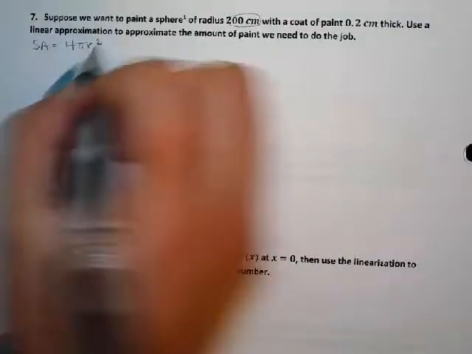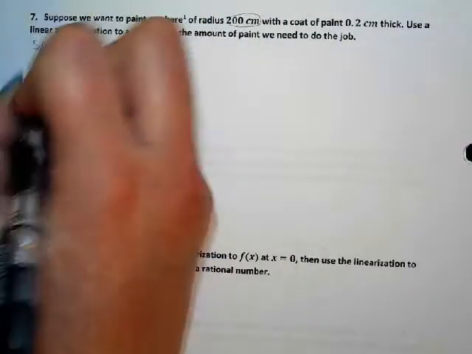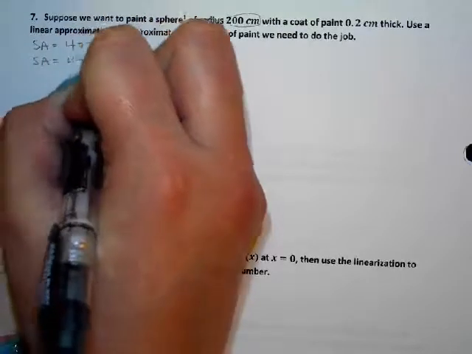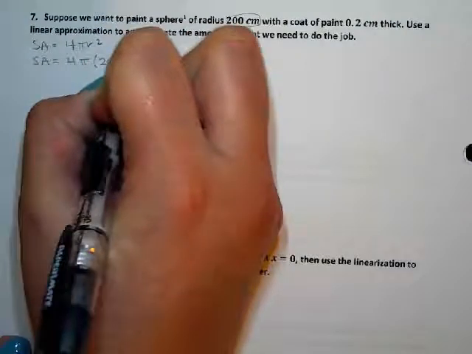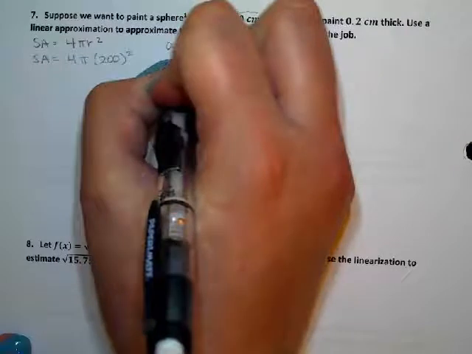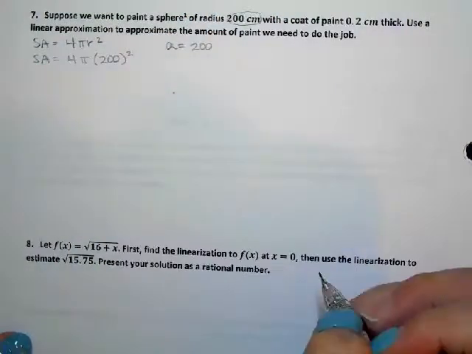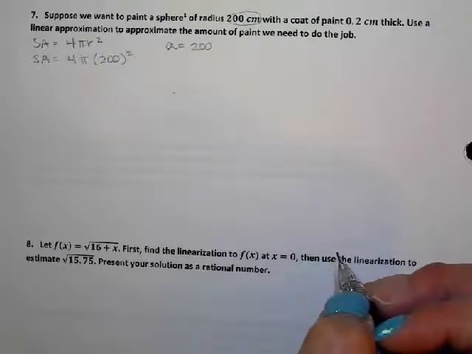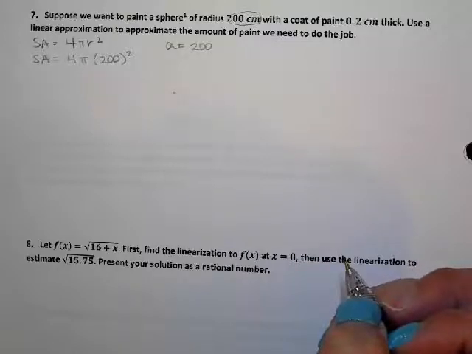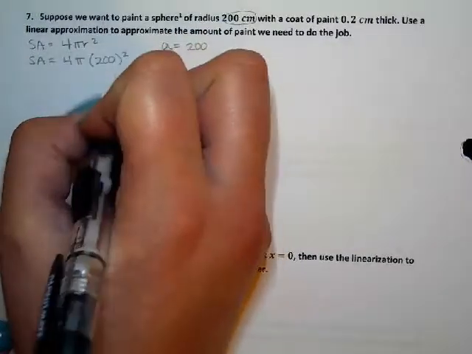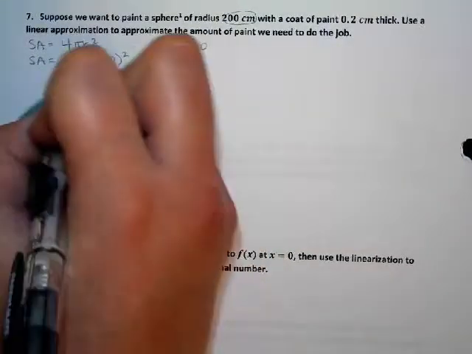Yeah, your R value, your radius, is 200, so we're going to plug in 200. What I'm doing right now is finding the x and the y coordinate for my tangent line. I'm not finding the slope, just the x and the y coordinate. 200 squared is 40,000.